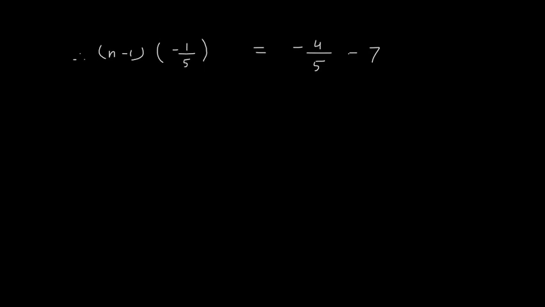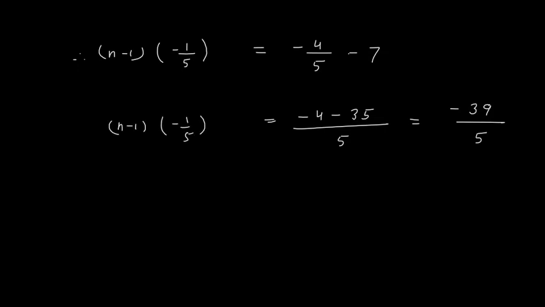So let us erase this. So this is equal to minus 4 minus 7 5s are 35, whole divided by 5. So minus 4 minus 35 is what? Minus 39. Minus 39 divided by 5. This is the value of N minus 1 into minus 1 divided by 5.